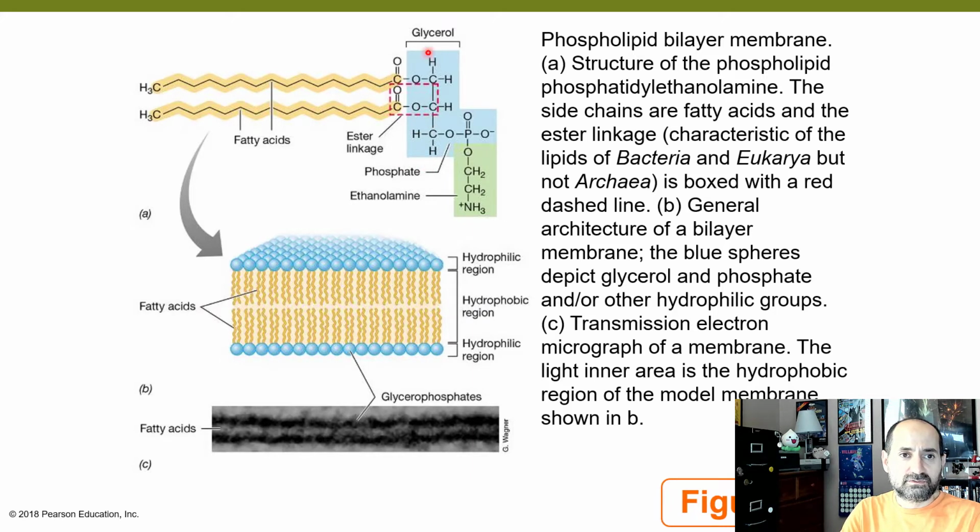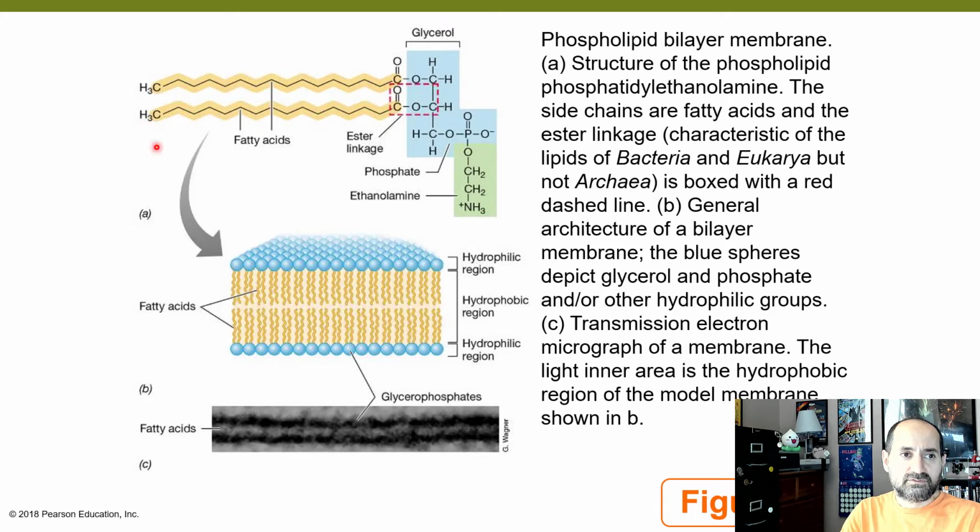Phospholipids have a glycerol head, a phosphate group, and then some kind of attachment to the phosphate group. This could be choline, this could be ethanolamine. There's different attachments here, positively charged. And then you have your 2 fatty acid tails.